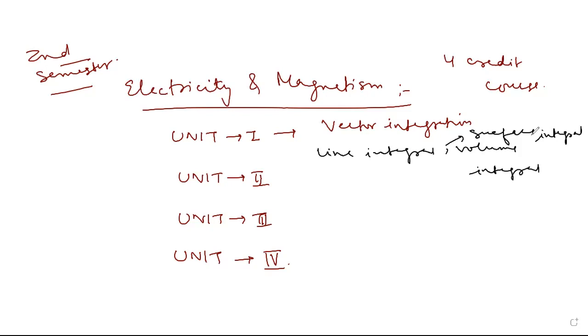One is Gauss divergence theorem. Then we have Stokes theorem. We have to discuss the idea of divergence, idea of gradient, idea of curl. Then we have to talk about electrostatic field, electric flux, Gauss's theorem of electrostatics, and we have to express this Gauss's law in differential form.